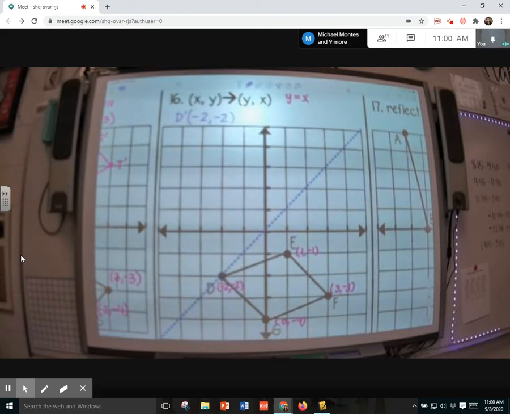So D prime stays in the same spot, because it's on the line of reflection. Okay, now E prime, I'm going to switch their places. It's at 1, -1. So what's my image for E going to be? -1, +1. So I'm going to be at -1, +1 with my E prime.